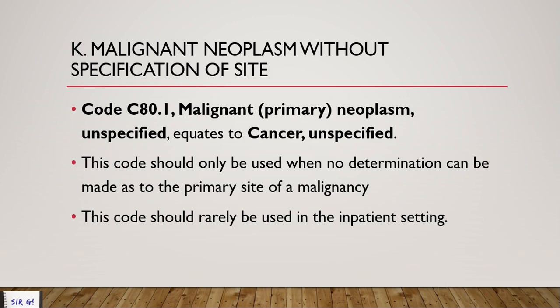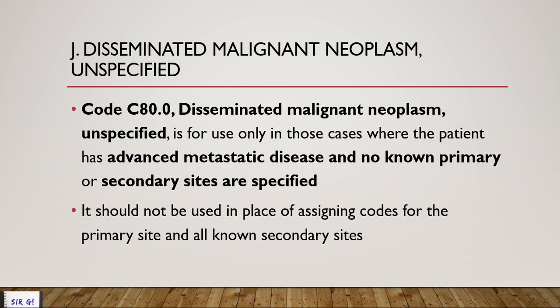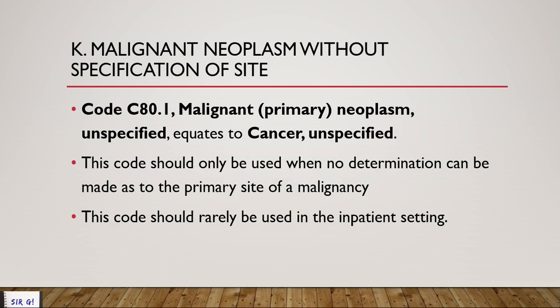Here's your malignant neoplasm without specification of site. Here, guys, there is documentation that the patient had advanced disease and no known primary or secondary sites are specified. In your C80.1, we are talking about unspecified. They are not mentioning any site. They just mentioned cancer.